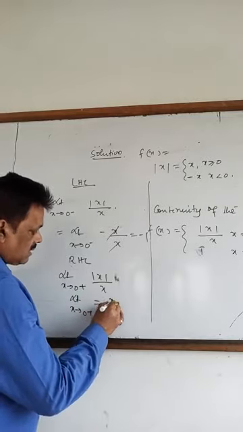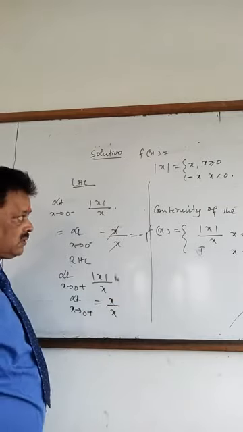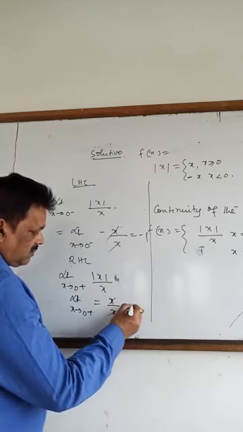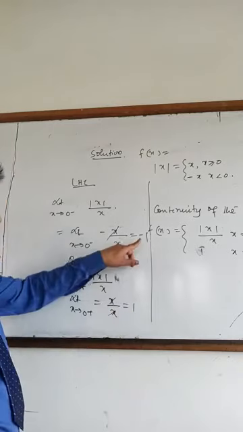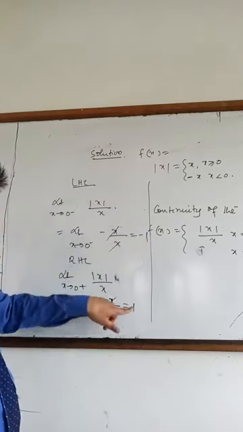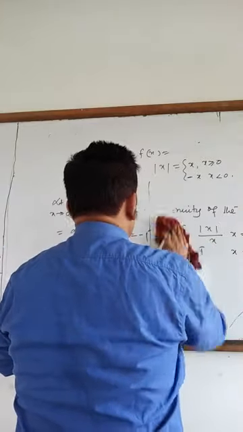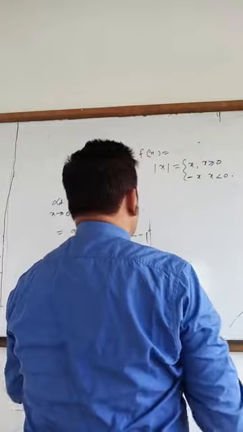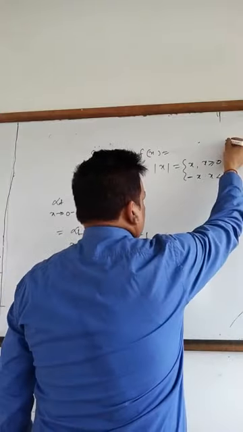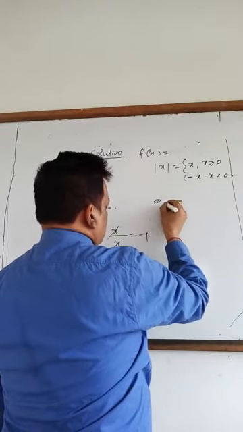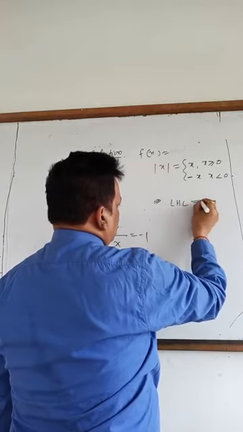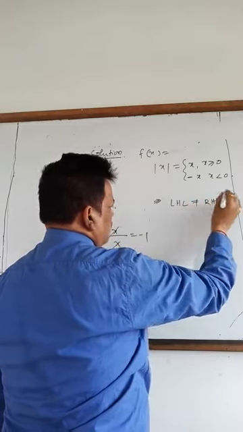That is x by x. Second x cancels, that is 1. Your left hand limit is not equal to right hand limit.